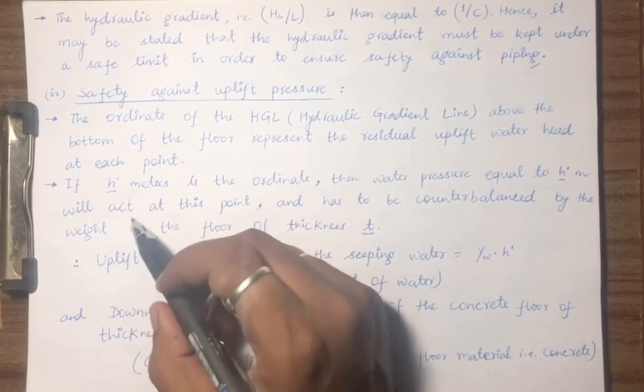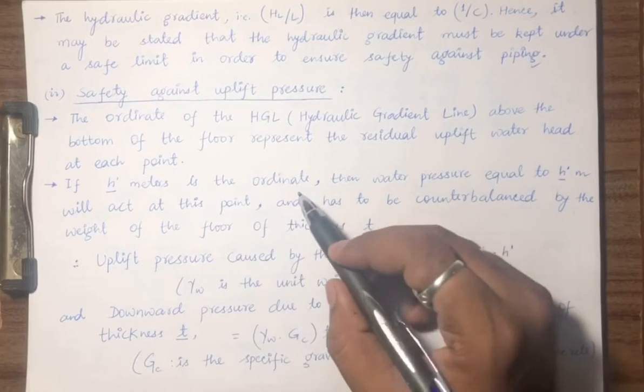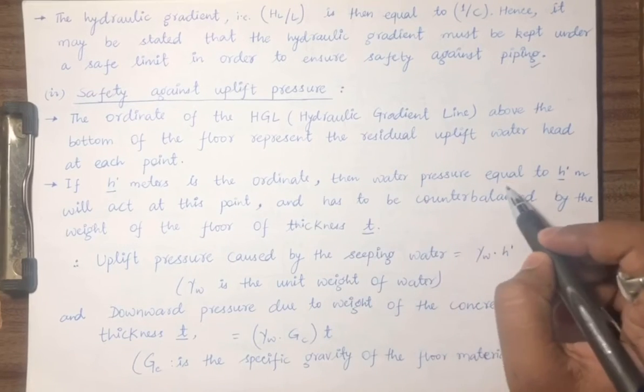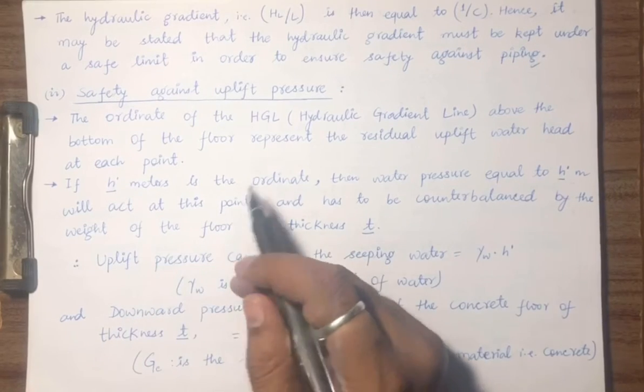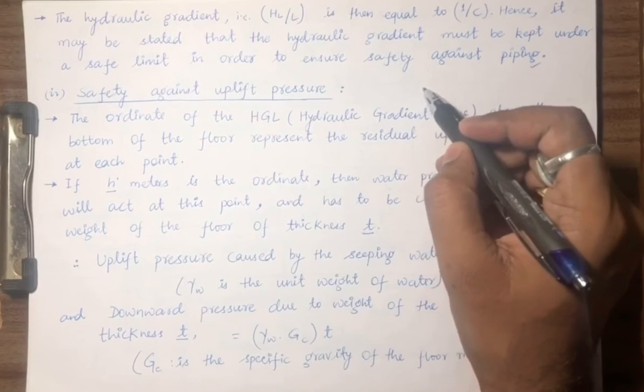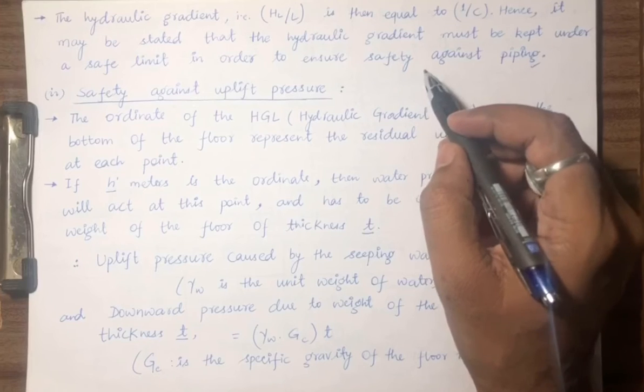Let us say H dash meters is the ordinate, then water pressure equal to H dash meters will act at this point. Pressure is rho g h, and force is pressure into area.